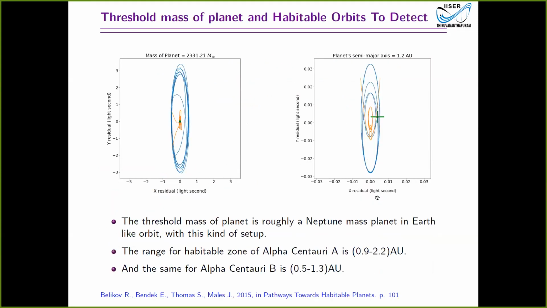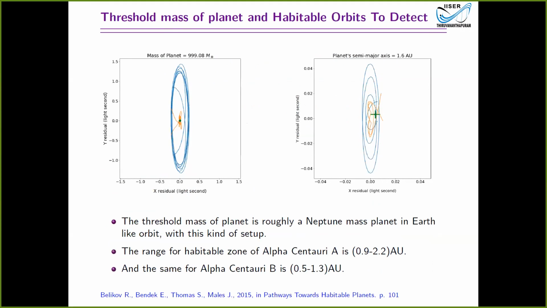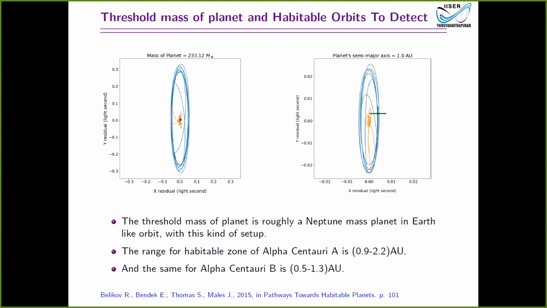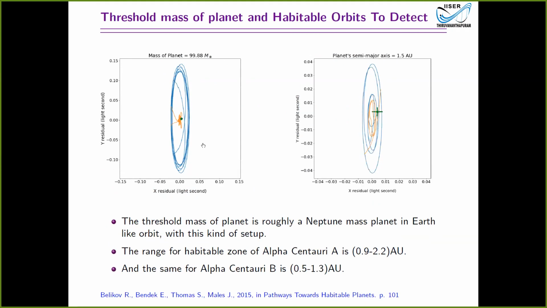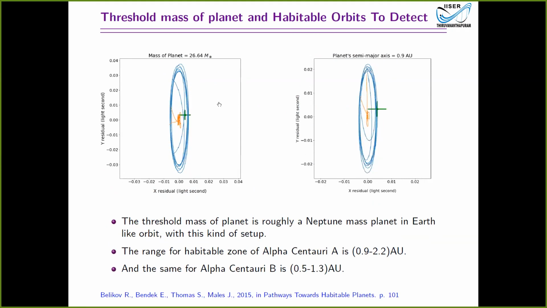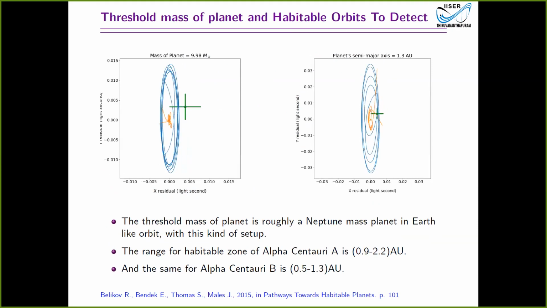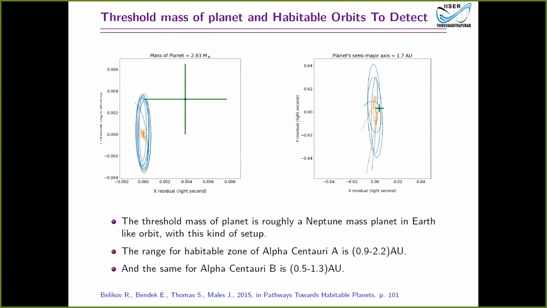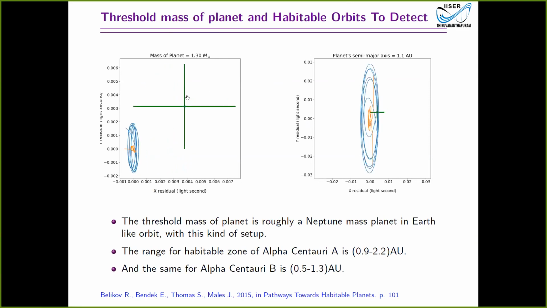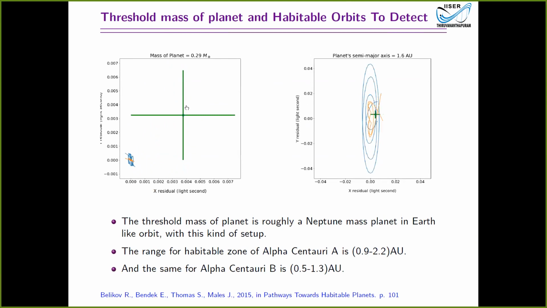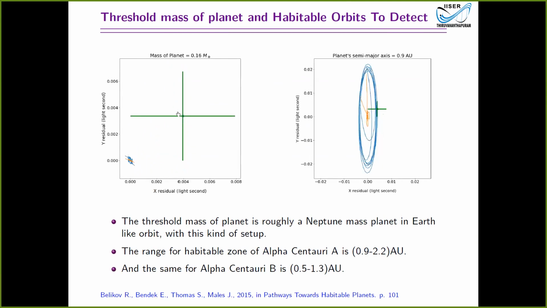Also, we wondered what the minimum mass of planet is that can be detectable with this kind of setup, so we have done the simulation here, and we see that as the mass decreases, the interferometric error, here in green color, increases.